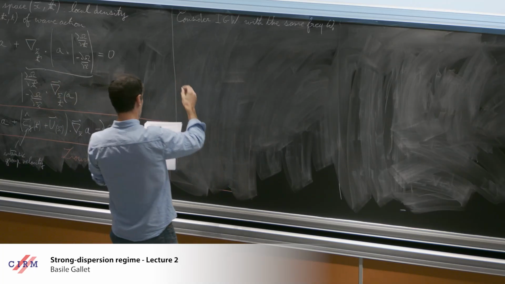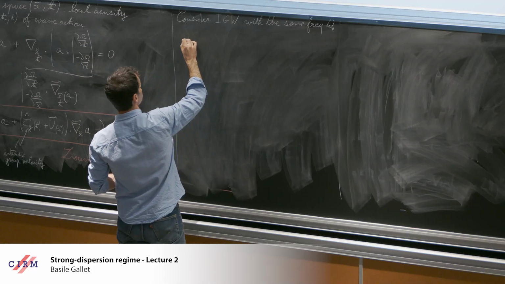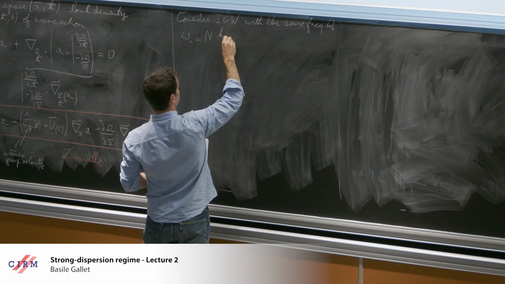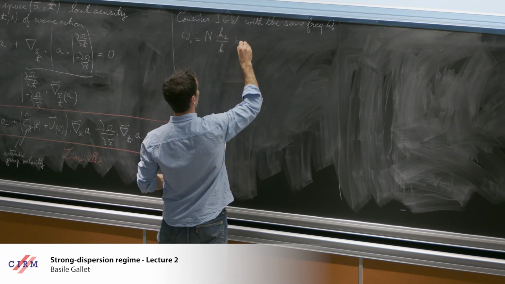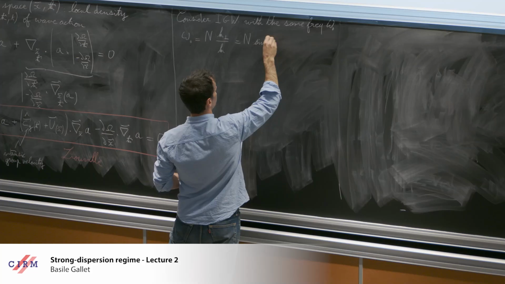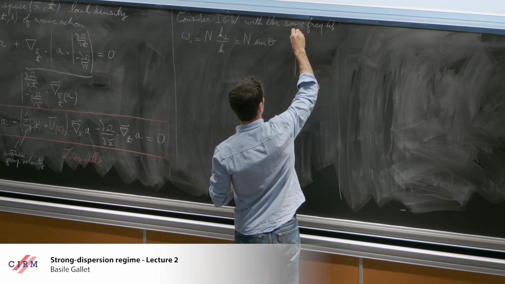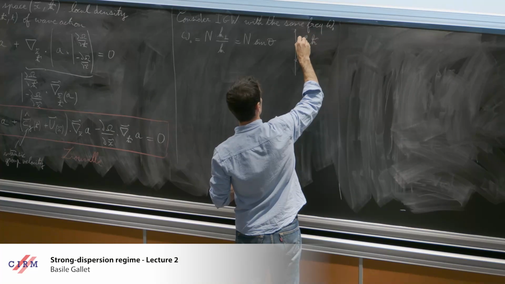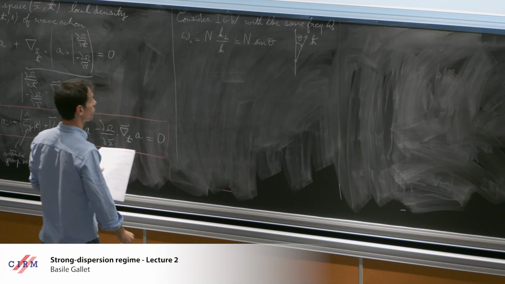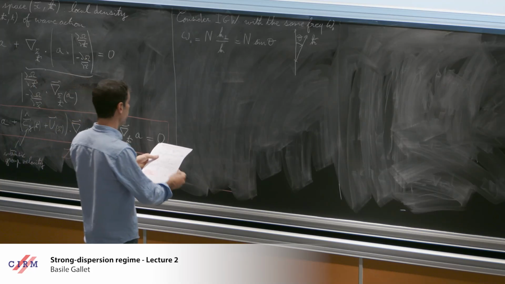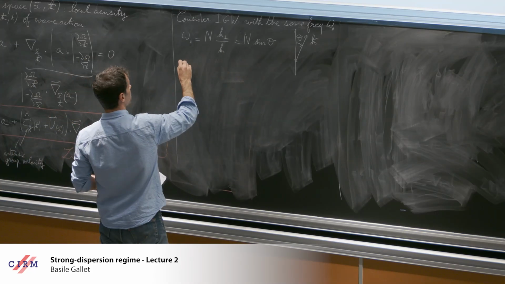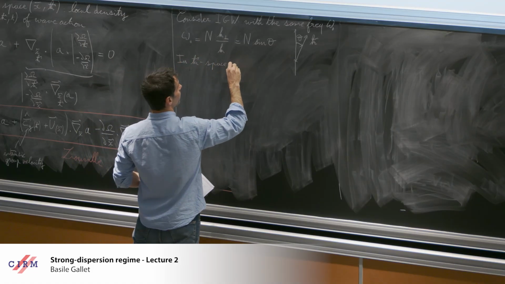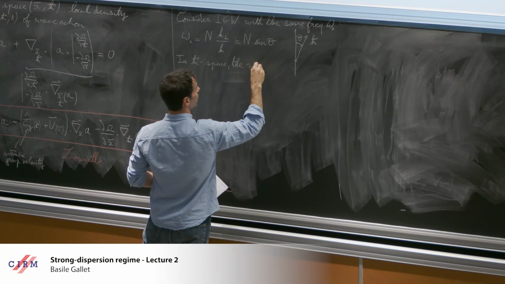So now, the dispersion relation of internal gravity waves is omega 0 equals N k perpendicular over k, which is also N sine theta, where this is the vertical, that's k, and this is the angle theta. What that means is that in k space, these waves lie on a cone.